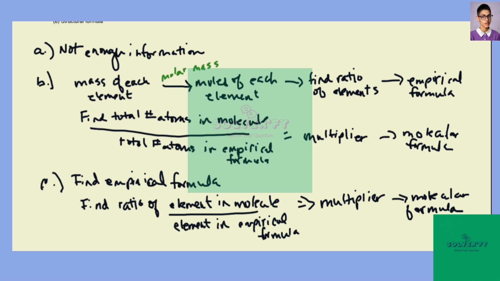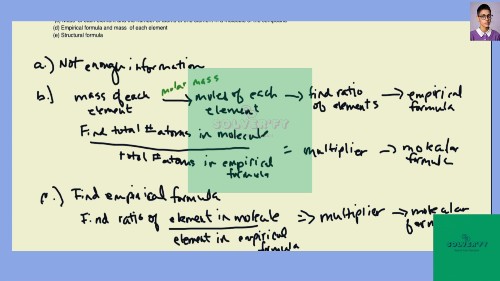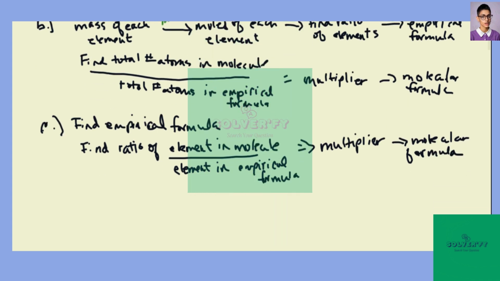If we know the empirical formula and mass of each element, that is not enough information to find the ratio between molecular and empirical formula.